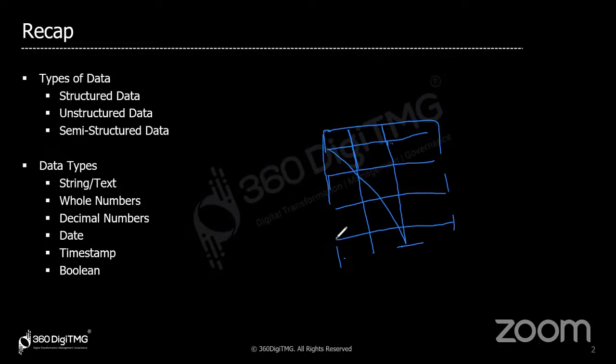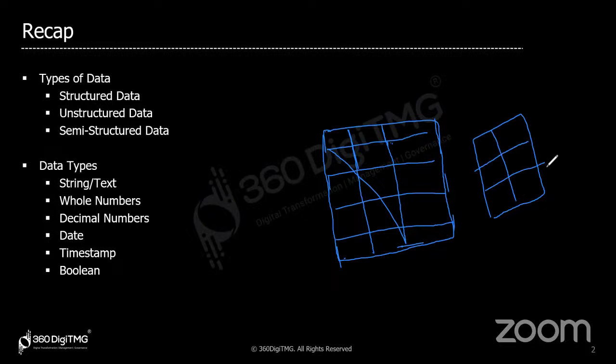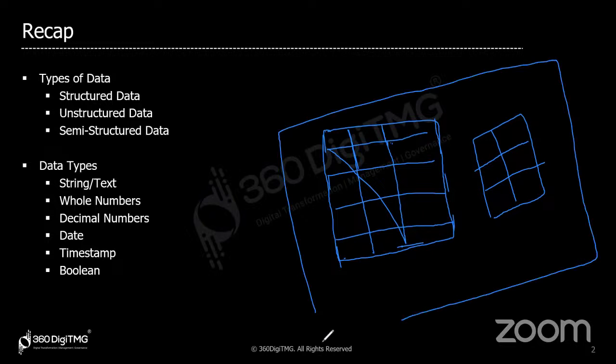So when you arrange your data into columns and rows, this is called a table, which is also called an entity. And when there are many such tables holding data, all of these tables are stored in a container, which is called the database.